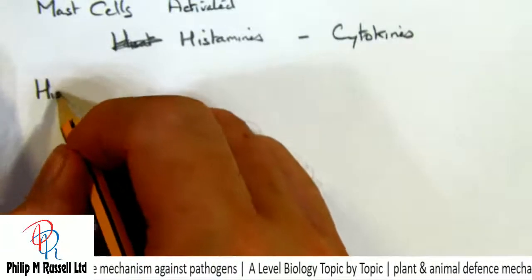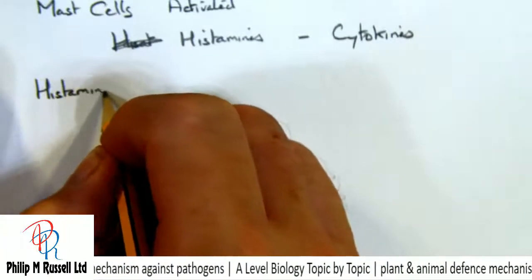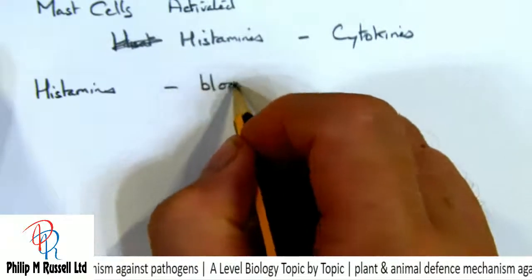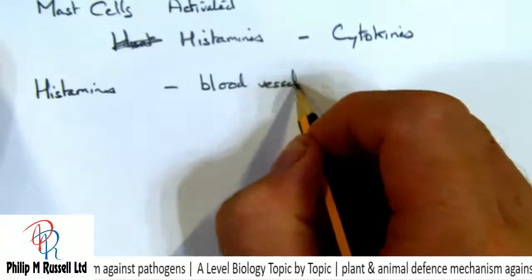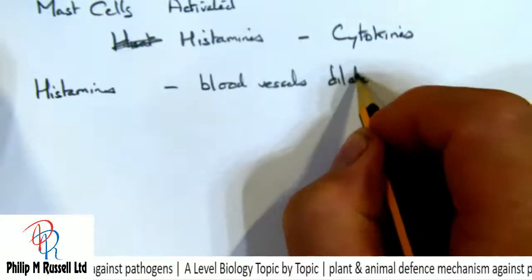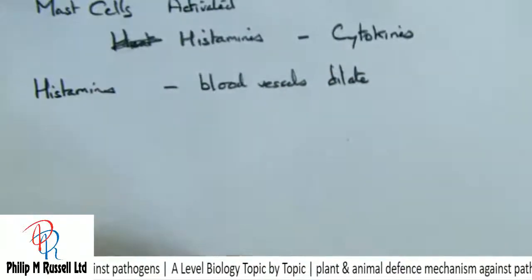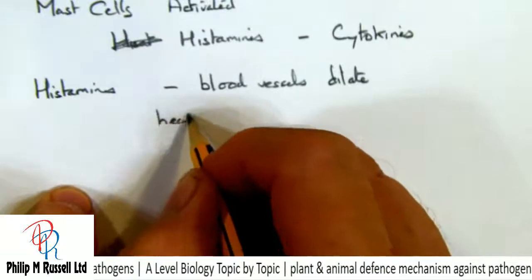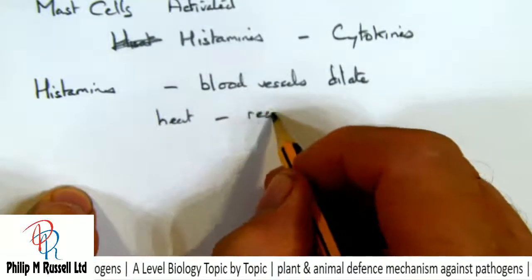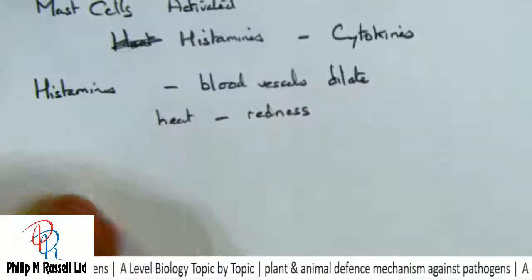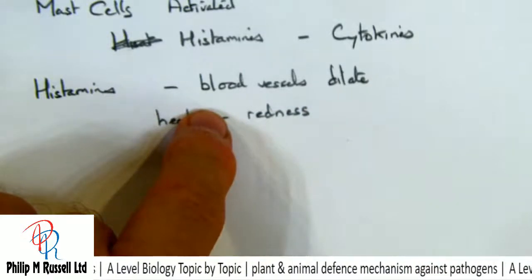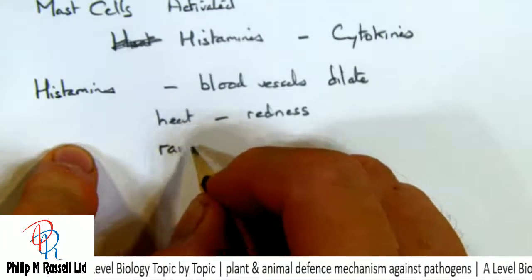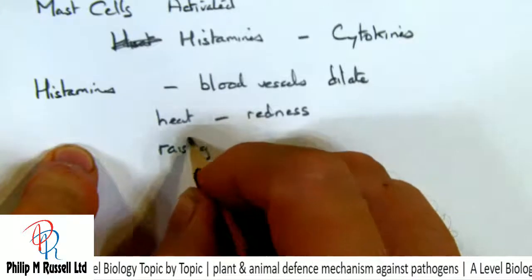Let's have a look at histamines. What do they do? Well, they make the blood vessels dilate. That's basically going to cause the heat of the system, the redness, and that is simply raising the temperature.